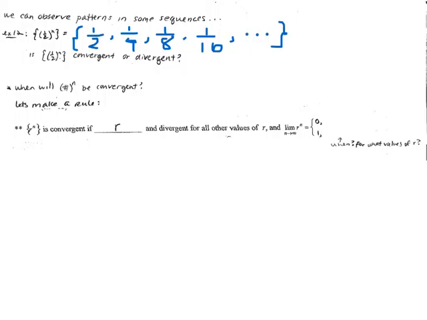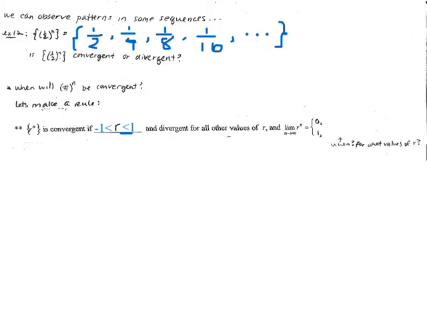So our r to the n's are going to be convergent if r is less than or equal to 1, and bigger than -1. If you think about plugging in those numbers, if you put -1 in for r, you're going to flop back and forth between +1, -1, +1, -1. That will diverge. They won't all approach the same number.